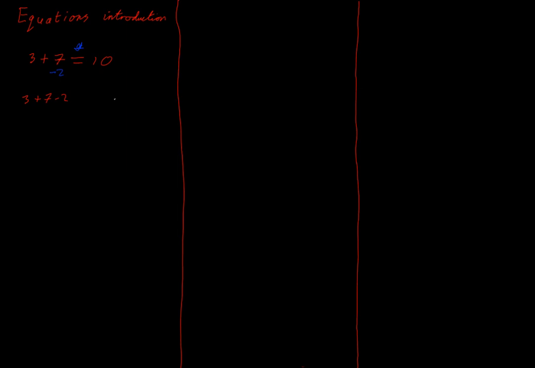But that isn't equal to 10 anymore. 3 plus 7 minus 2, if we did out the sum, would equal 8. So what happened? We would have to take away 2 from the 10 as well in order to keep things balanced, in order to keep our equation. So to keep an equal sign in between the left and the right hand side, I have to take away 2 from the right as well.